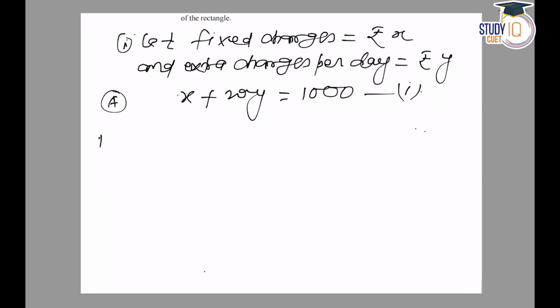Equation 1. For student B, total amount will be X plus 26Y, that is 1180. That is the second equation.